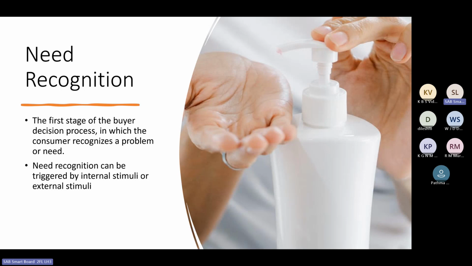When it comes to need recognition, the consumer recognizes the problem or the need of buying a particular product. That is why I asked you the purpose of buying the products given to you: the purpose of buying a mobile phone, a land, a house, a car.